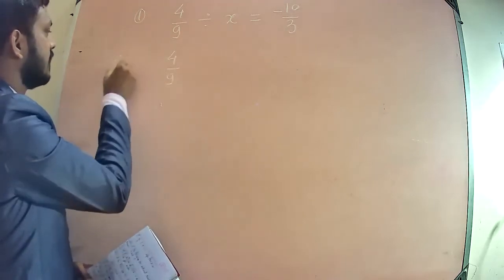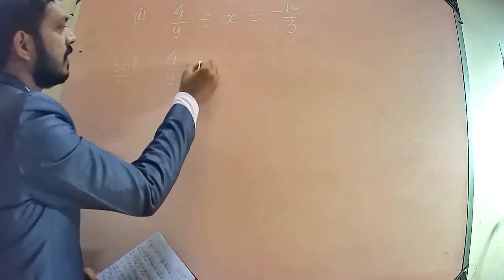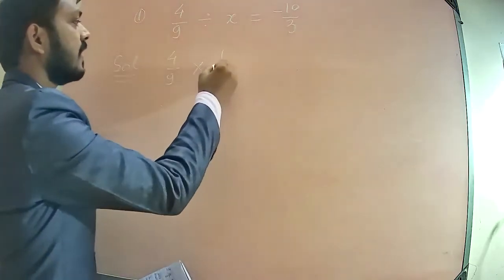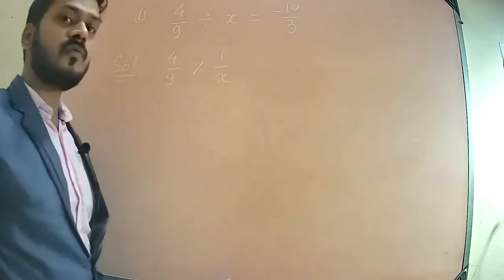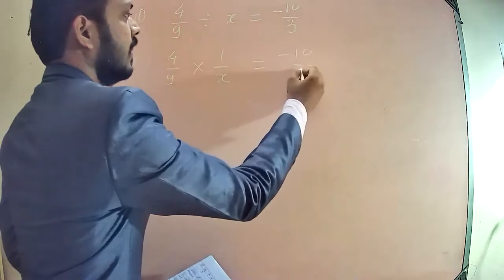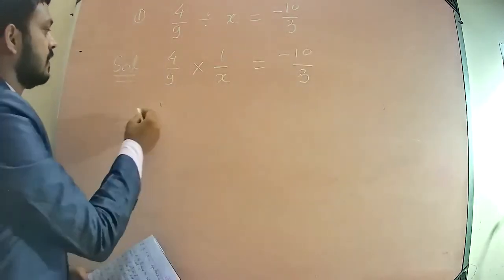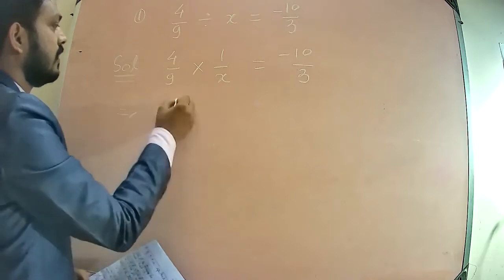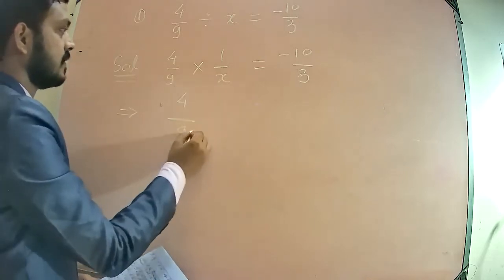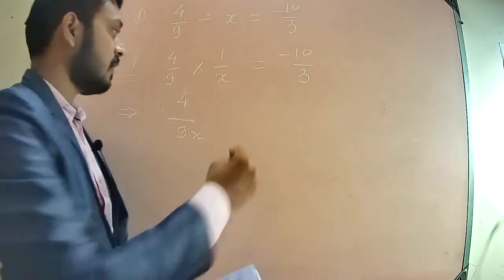Okay, firstly everyone convert the given division sign into multiplication, then the reciprocal of x is 1 by x. Convert x into 1 by x, and it is equal to minus 10 by 3. Then multiplying 4 into 1, 4, 9 into x, 9x, numerator with numerator and denominator with denominator.